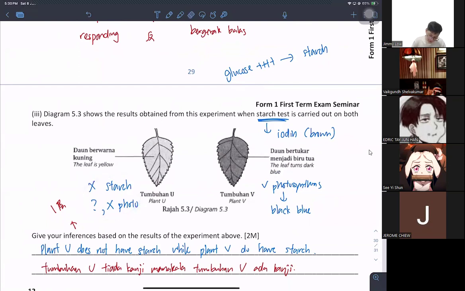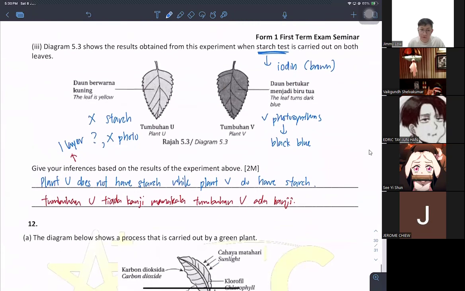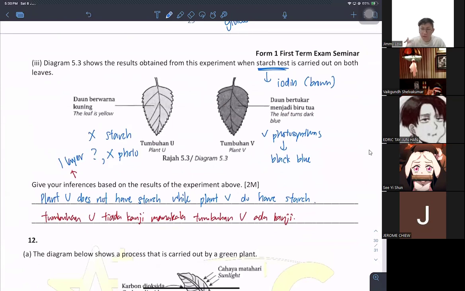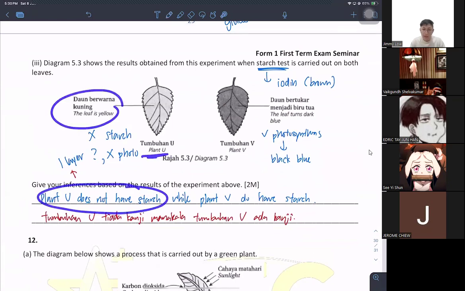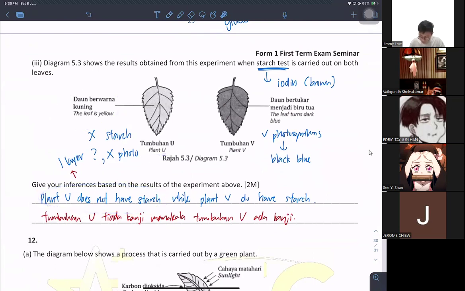So the question is asking you about what? Give one inference, based on the result of the experiment above. Inference, just now we went through inference already, right? Your observation plus explanation. So plant U does not have starch, because of the yellow color, while plant V does have starch.